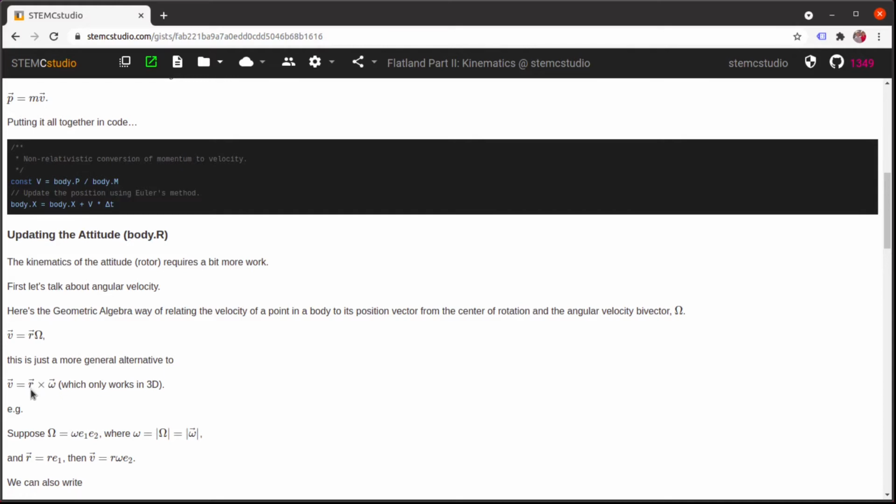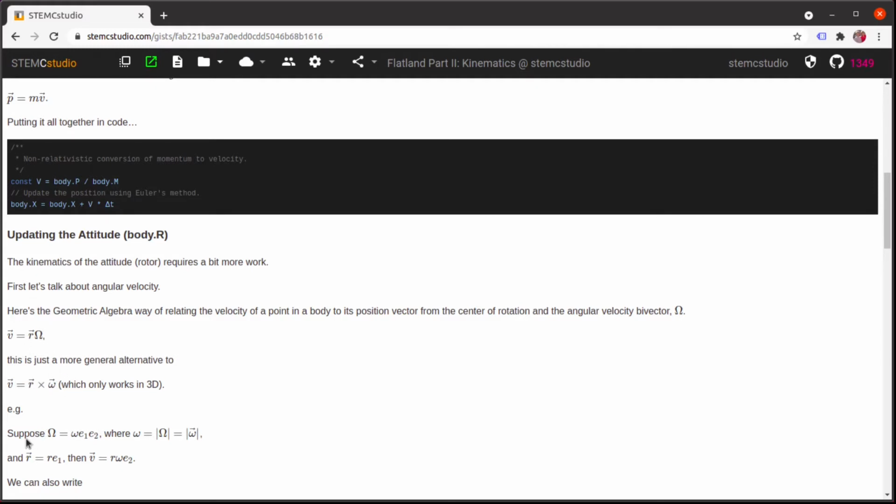Its magnitude is the magnitude of R times the magnitude of omega multiplied by the sine of the angle between them. Okay, so you're going to get exactly the same thing with this. It's going to compute the same V, except you don't need to use this cross product notation, which really only works in 3D. You can use this.